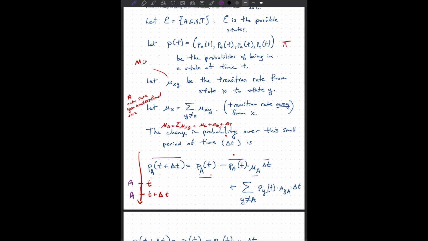If you think of delta t as being one step in the Markov chain for simplicity, it's like saying I'm in state A and in one time interval I leave. That's the probability mu sub A, remember, the probability of mutating away.